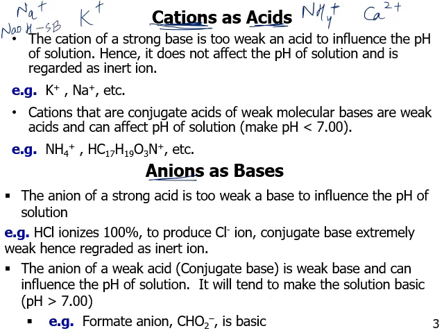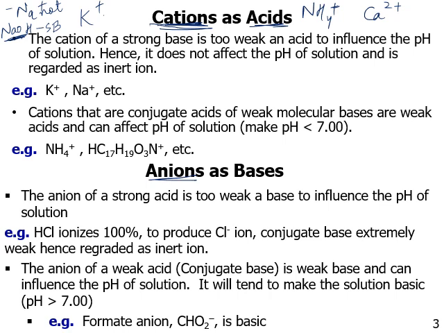So a cation that comes from a strong base is too weak to affect the pH, meaning because NaOH is a strong base, sodium ion is not going to affect the pH. This solution that consists of only Na plus ion is not going to affect the pH, meaning it's not going to be acidic nor basic.